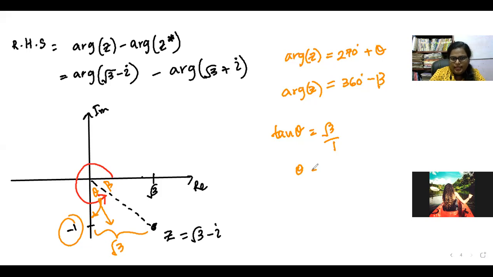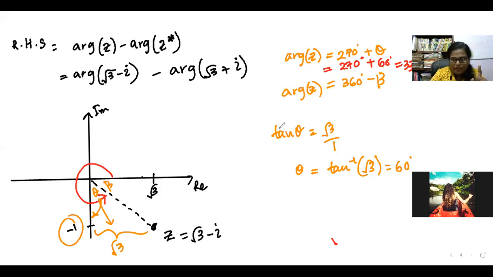So theta is tan inverse square root 3, so it is 60. When you take arc Z, you substitute this value: 270 plus 60, which is 330 degrees.